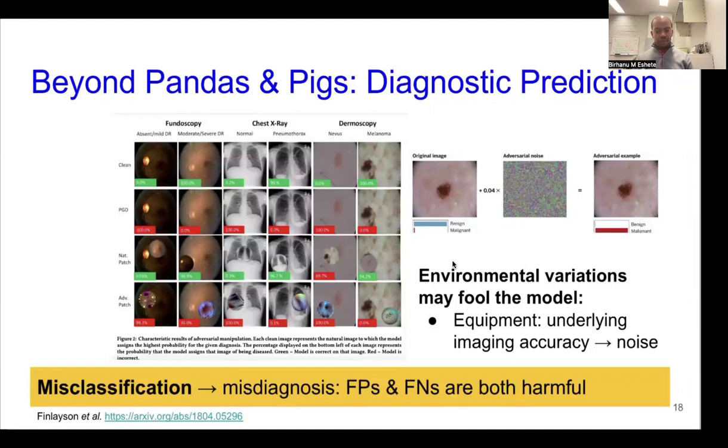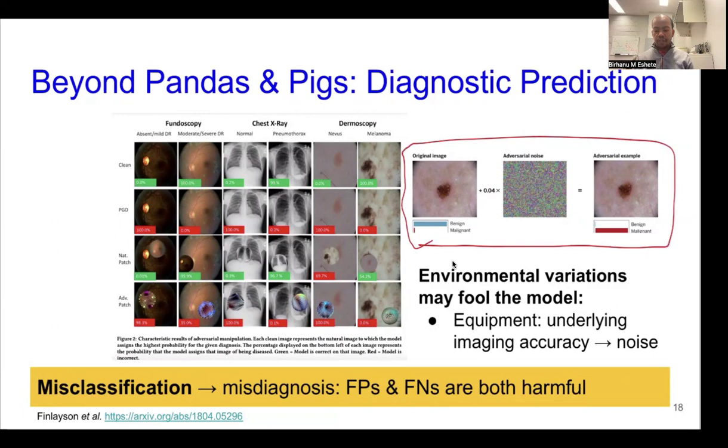In the healthcare domain, machine learning models are used for diagnostic predictions. Again, the problem persists here as well. What you see here is an example of the model trying to classify different scans: a retina of an eye, chest X-ray, and skin images, and trying to predict whether the tumor is benign or not. In this example, the original image was classified as benign with almost 100% confidence.